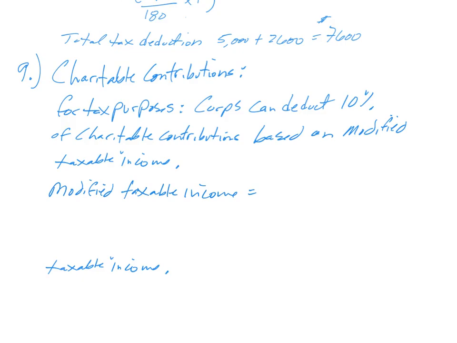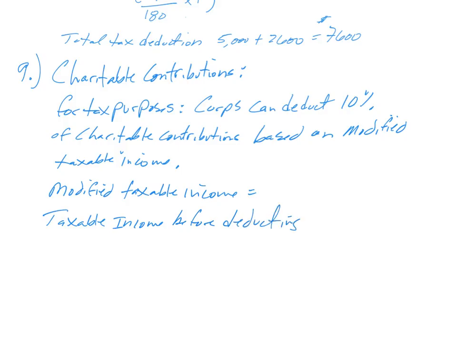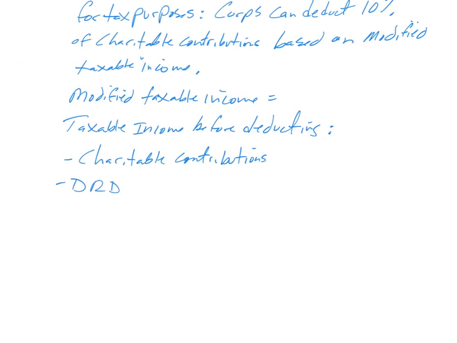So with respect to the charitable contributions for corporations, modified taxable income is taxable income before you deduct charitable contributions, the dividends received deductions, and capital loss carrybacks. Now, any excess can be carried forward.